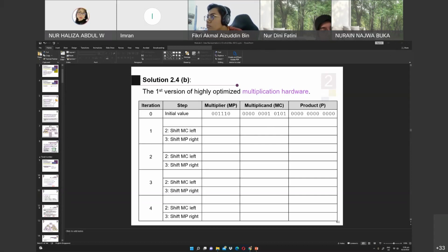If multiplier is 0, total for the iteration 0, what is the value? Oh, where is the example just now? Wait.